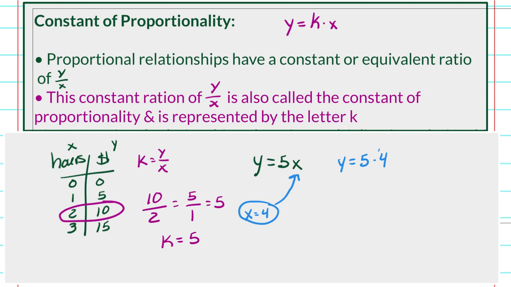I took the x and replaced it with 4. 5 times 4 is 20. Y equals 20. So down here on my table, I would do 4 hours, continue my table on, and I would have $20. So the k is the proportional constant.